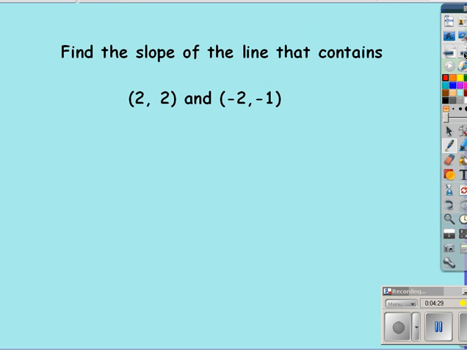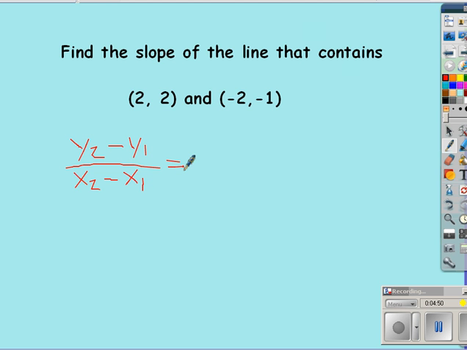Using that formula, see if you can find the slope of the line containing (2, 2) and (-2, -1). All right, let's see how you did. Again, my formula: y2 minus y1 all over x2 minus x1.